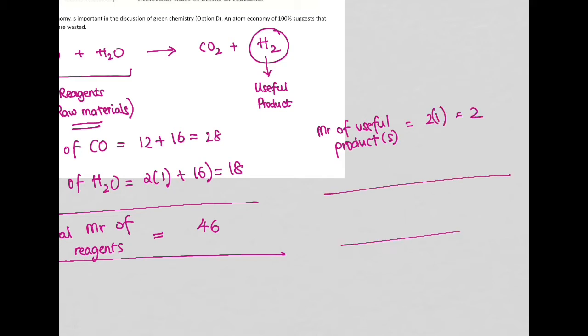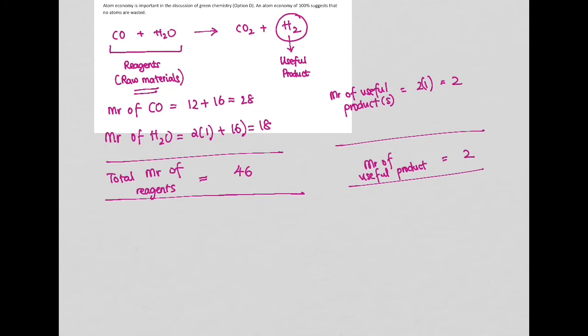So then you have the MR of useful products. So the percentage atom economy is going to be the MR of the useful product divided by the MR of all the reagents times 100.